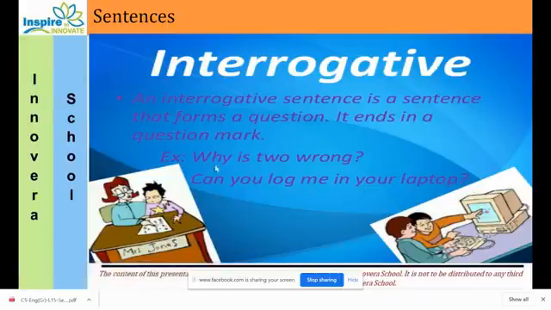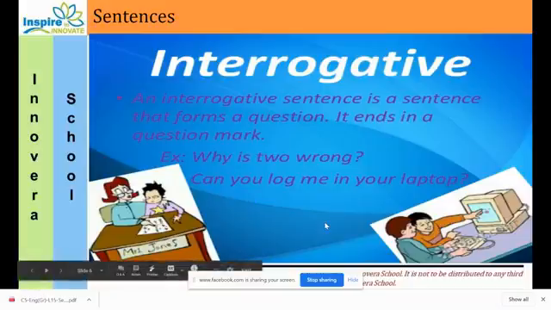We also discussed how to form a yes/no question from a statement. I gave you some examples, and one example is written here. Can you log me in your laptop? It is a yes/no question. Why? Because you can see the verb can is before the subject. Whenever we are expecting an answer in yes or no, we use can, is, am, are, and the place of these helping verbs will be before the subject.